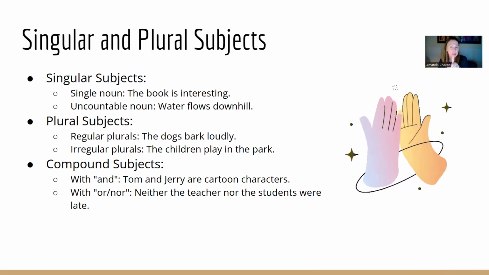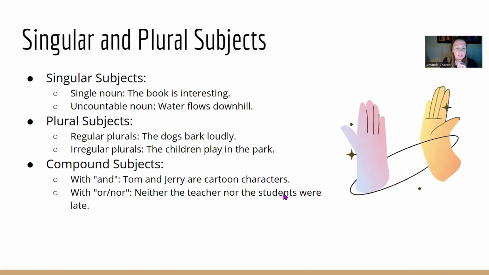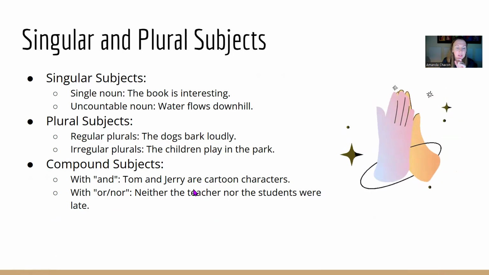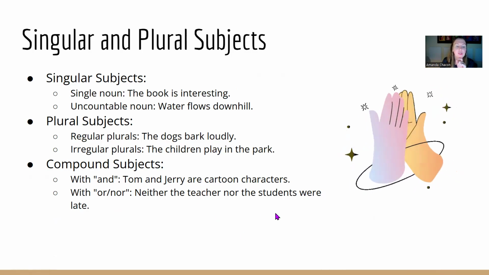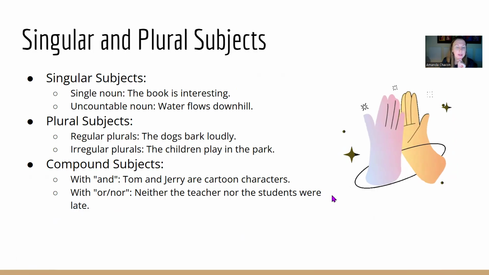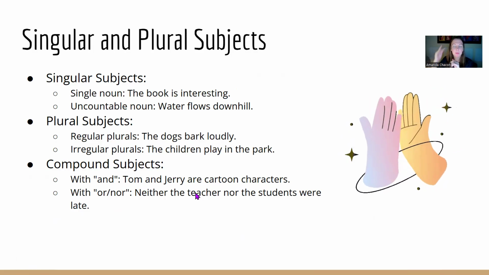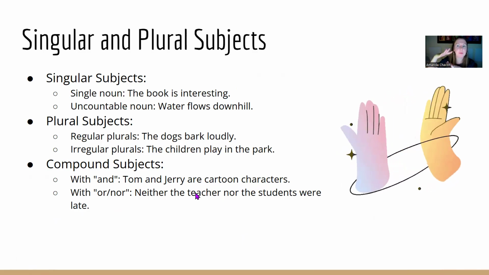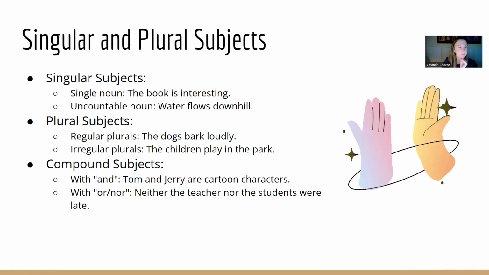Now, this one is tricky because if it said neither the teacher nor the student, it would be was late, because the teacher is singular and the student would be singular. Now, if one of these is plural, remember plural always takes control, and so the verb would be plural as well.